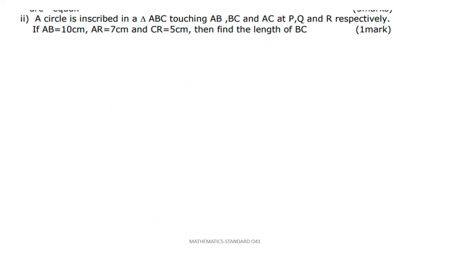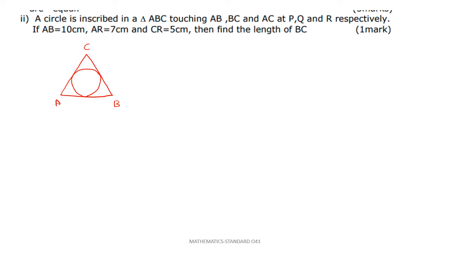So let's see the second part, children. A circle is inscribed in a triangle ABC. So we have a triangle ABC and a circle is inscribed.